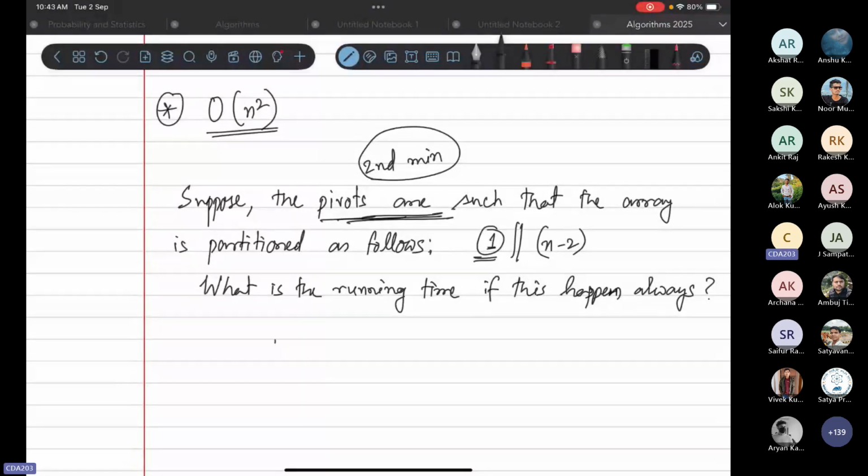What would be the recurrence relation for that? T n will be what? Yes, anyone?